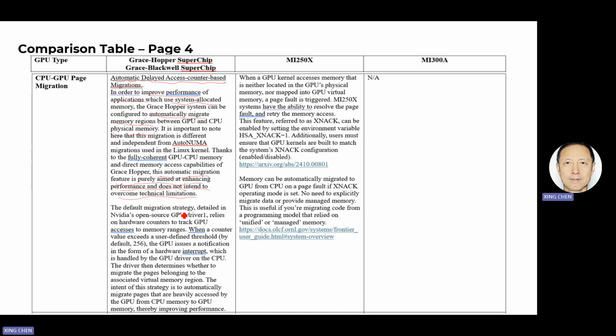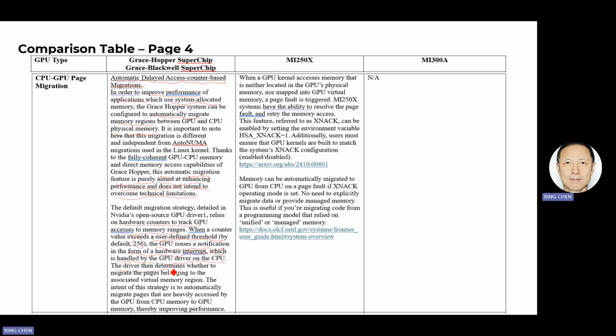The default migration strategy detailed in NVIDIA's open source GPU driver relies on hardware counters to track GPU access to memory ranges. When a counter value exceeds a user-defined threshold, by default 256, the GPU issues a notification in the form of a hardware interrupt, which is handled by the GPU driver on the CPU.